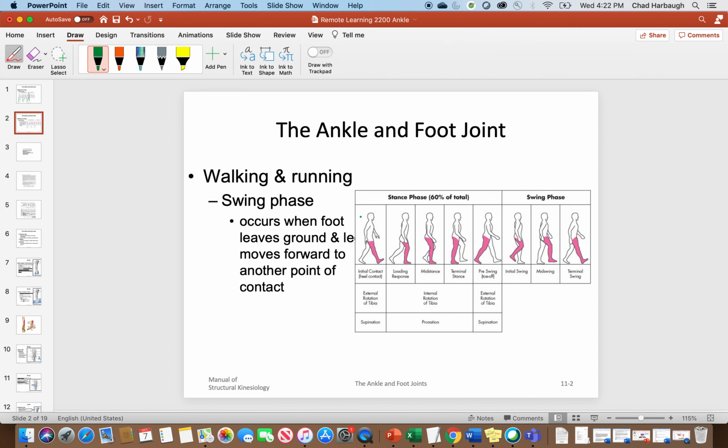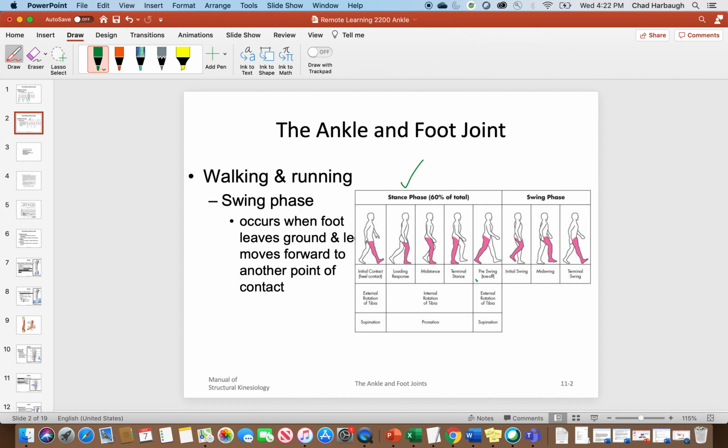So one of the areas that we see in the stance phase is the dorsiflexion problems. So we have key areas in the stance phase that can occur. We see overpronation, which again, pronation is dorsiflexion, abduction, and eversion. This causes a loading response, which causes shock forces to be sent up the kinetic chain. We see people who are staying pronated during the pre-swing phase.